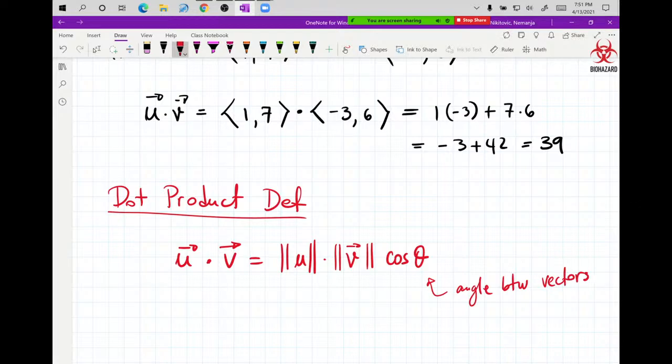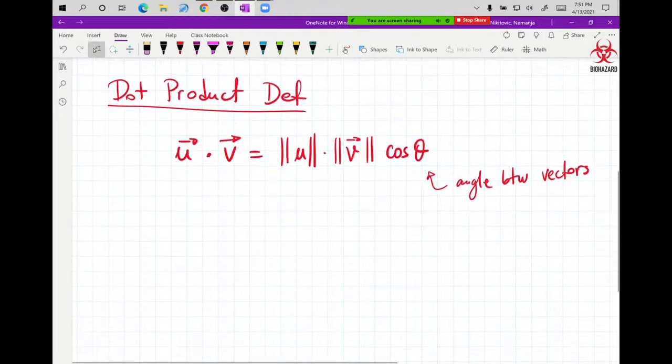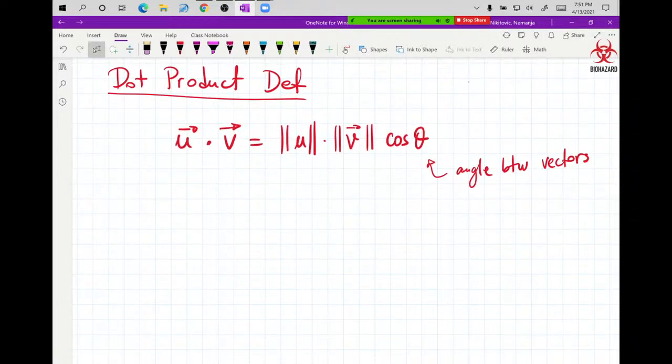That's what it is. And this is the formula that you get to flip around to find the angle between two of these. So what do we do? Well, we solve it for cosine theta first, which is the dot product, which, remember, gives you a number, divided by the multiplication of the two magnitudes.